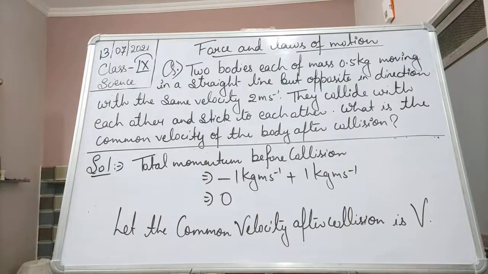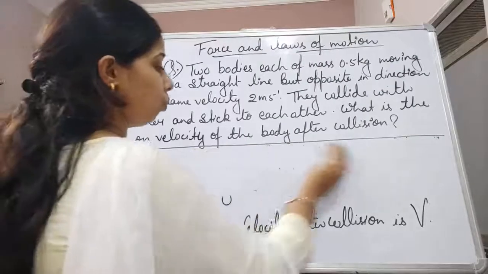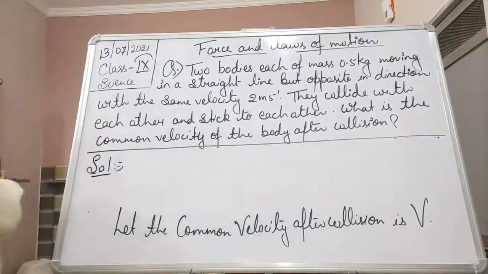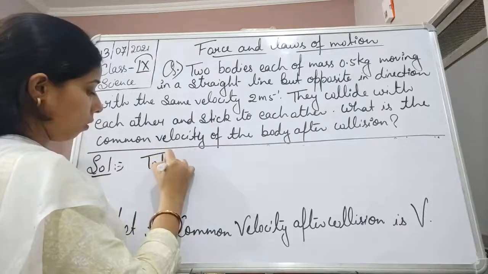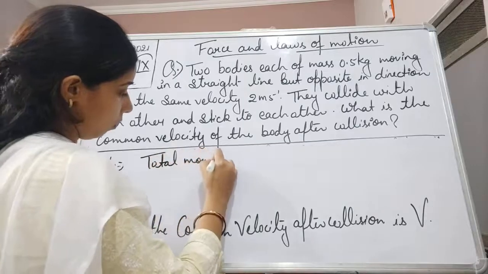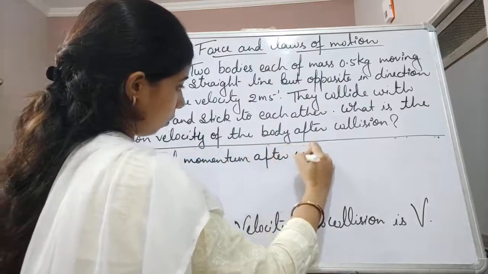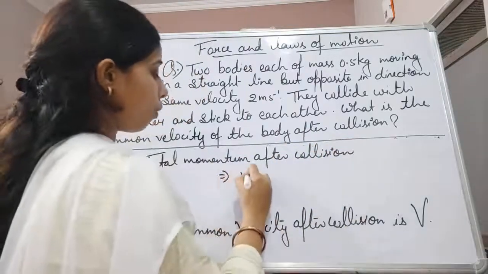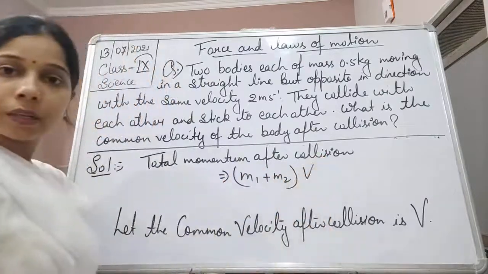So, the total momentum of the body after collision will be equal to (m1 plus m2) v, right?